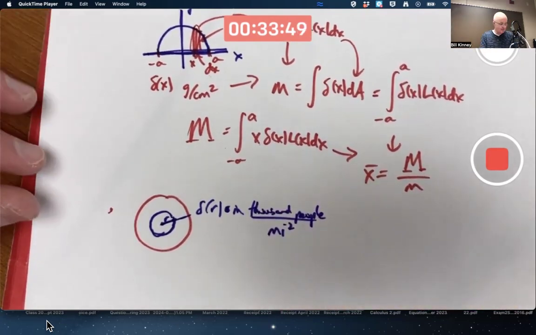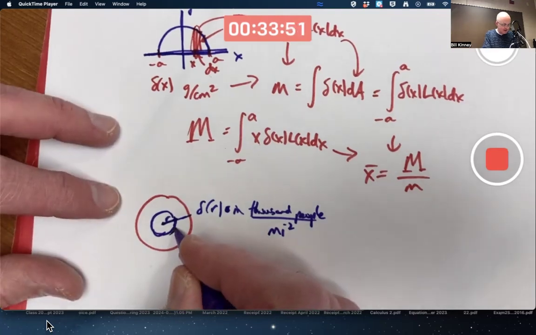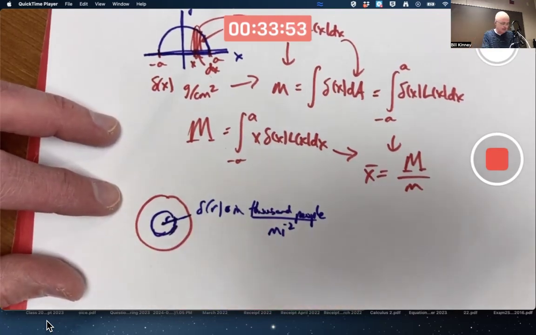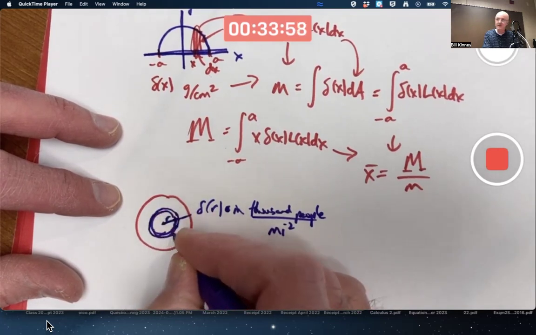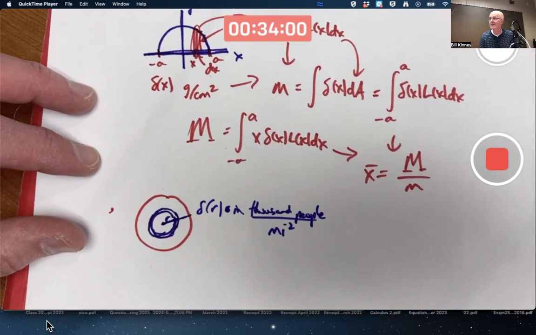And you'd have to slice the circle, not with vertical or horizontal slices, but with thin ring slices at approximately constant values of R. That's why you do it that way.